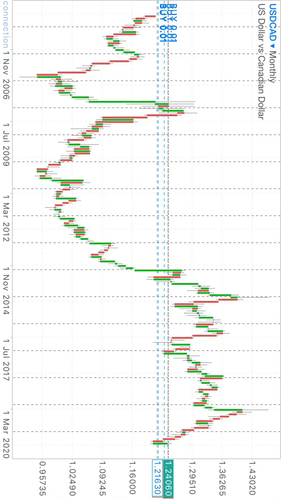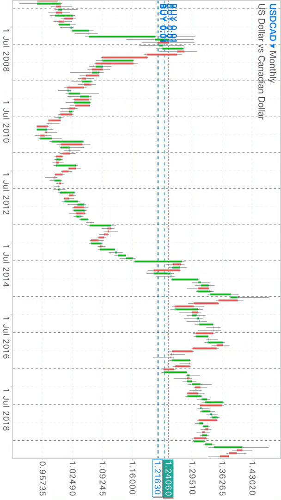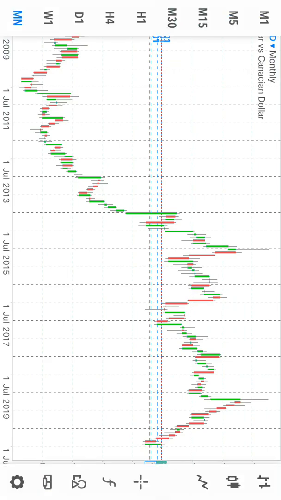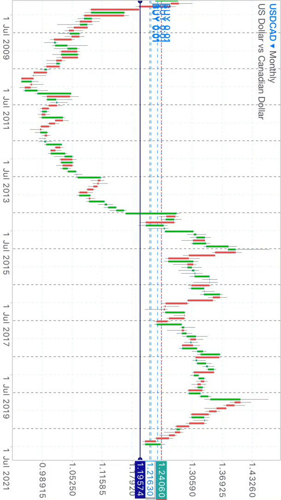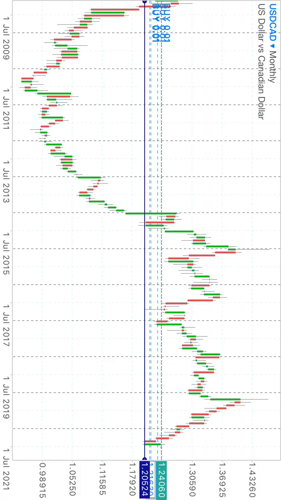So I'm on a monthly time frame. I have this support area here, and also this support over here. Every time the market is at a level, we all know that there are two things involved.